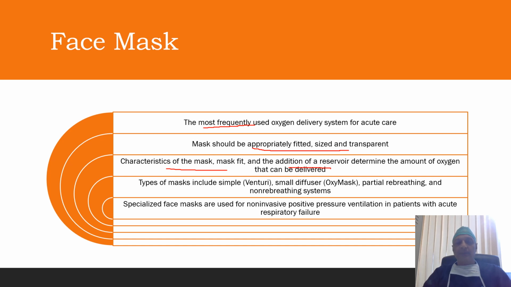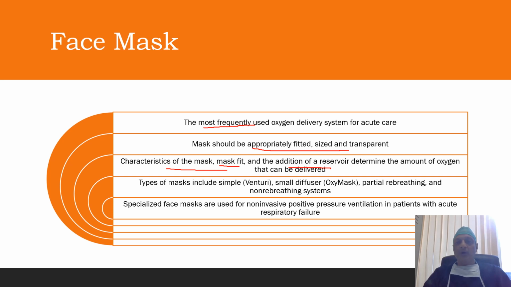The characteristics of the mask means whether the mask is of simple type or small diffuser type, and whether there is presence of any valve on the mask. The mask fit means whether the mask is appropriately sized or not, and how effectively it is secured to the patient.